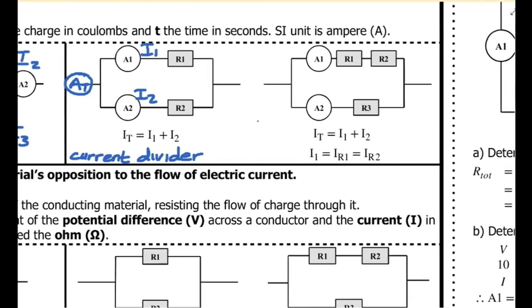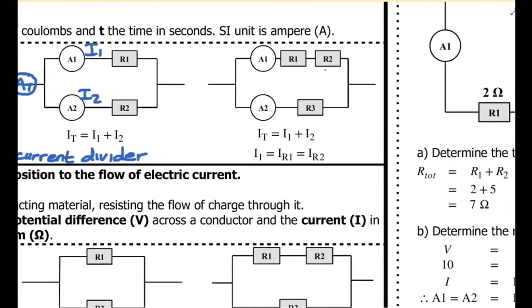Here is now a combination of series and parallel. As it stands, R1 and R2 are in series. So exactly the same current flows through R1 and R2, and that would be the current I1.